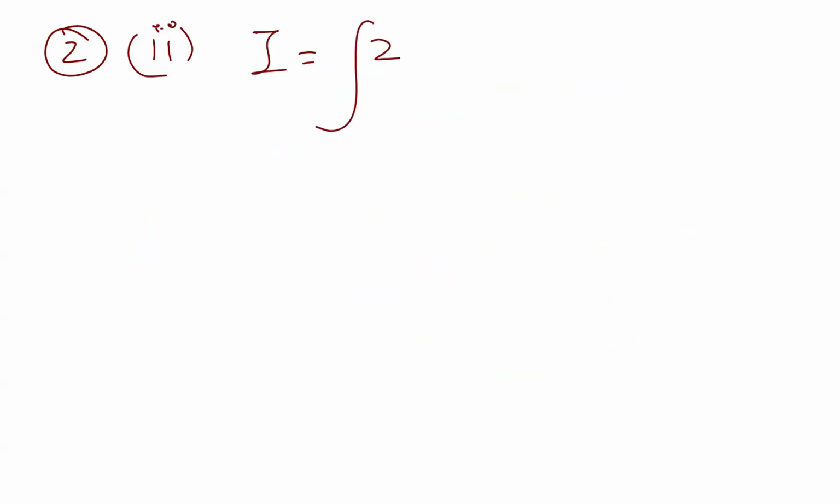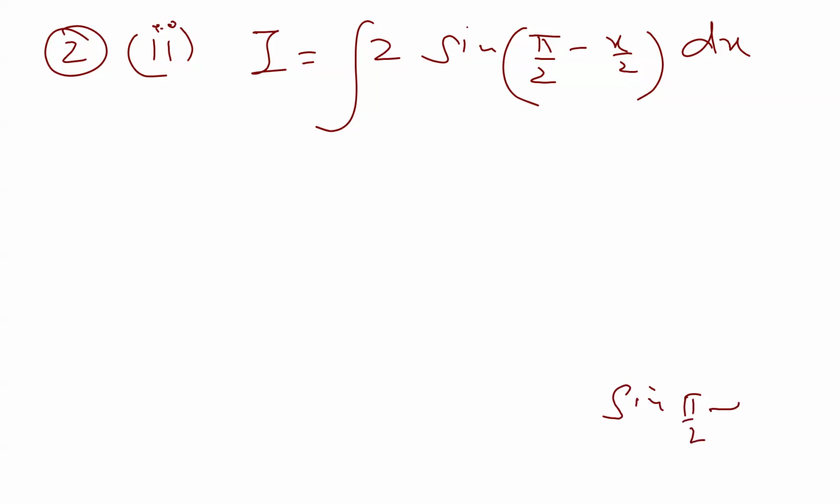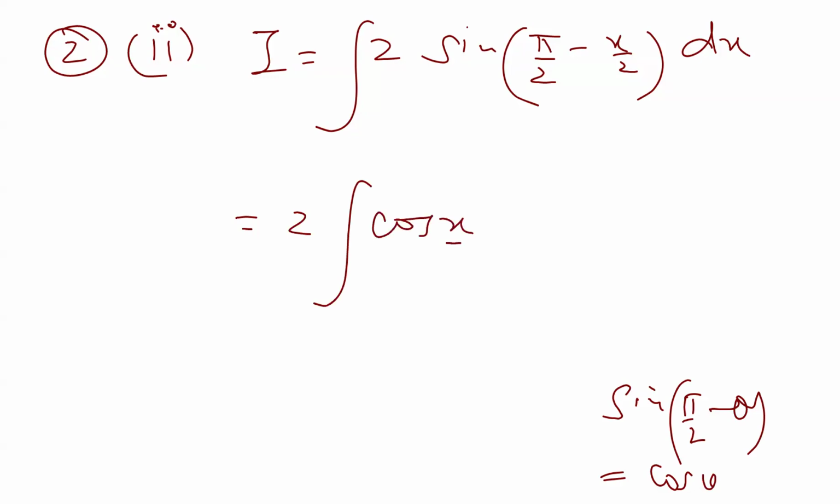I is equal to 2 sin of pi by 2 minus x by 2. Now sin of pi by 2 minus theta is cos theta. So 2 outside, and this will be cos x by 2.